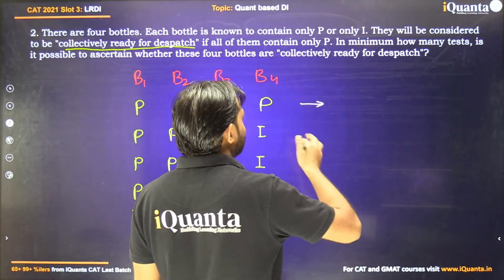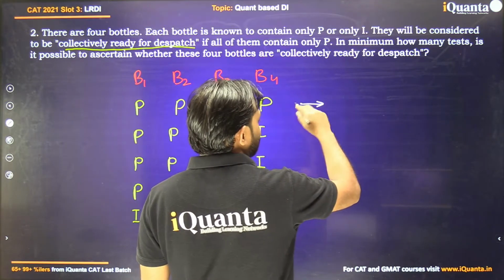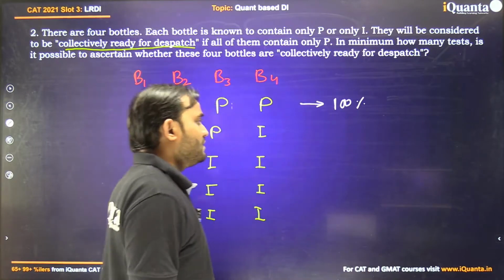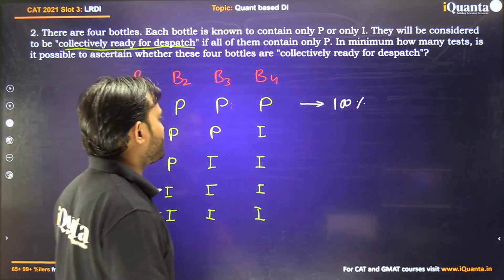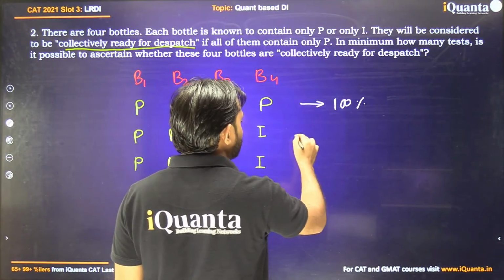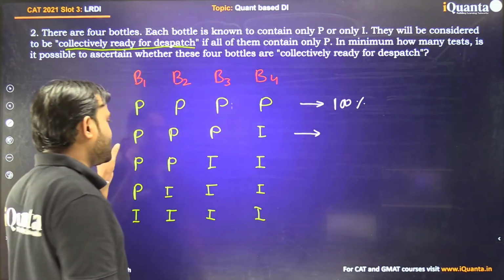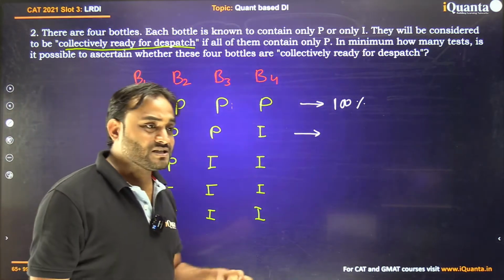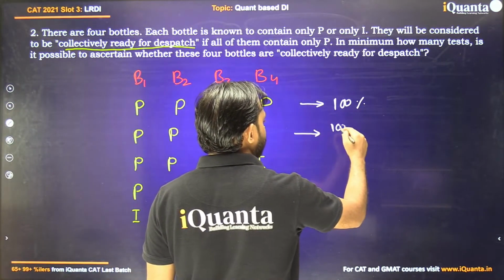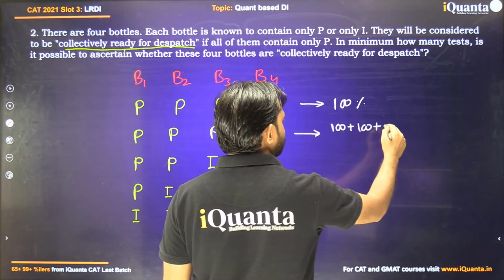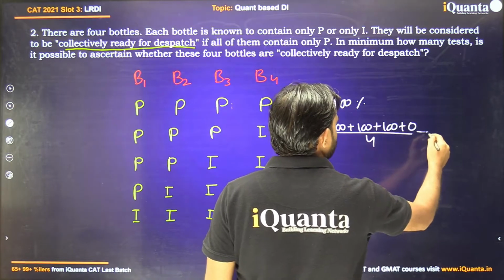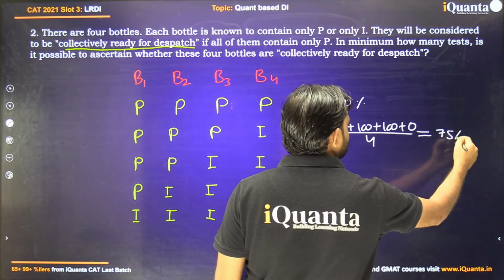So basically, for all pure, it will be 100%, right? 400 by 4, it will be 100% pure, and the device will tell us that this is ready for dispatch. If 3 bottles are pure and 1 is impure, what will happen? 100 plus 100 plus 100 plus 0 divided by 4, so the result is 75%.